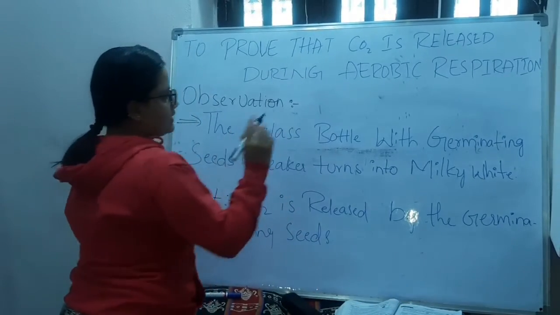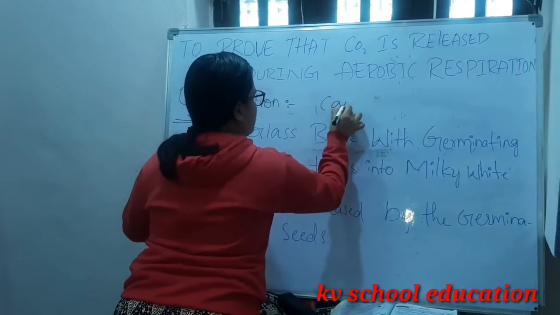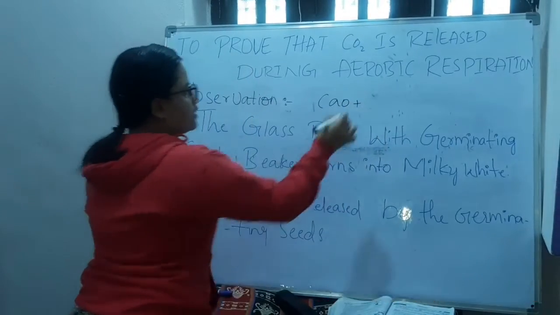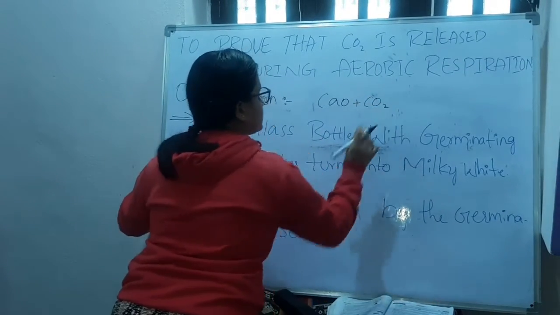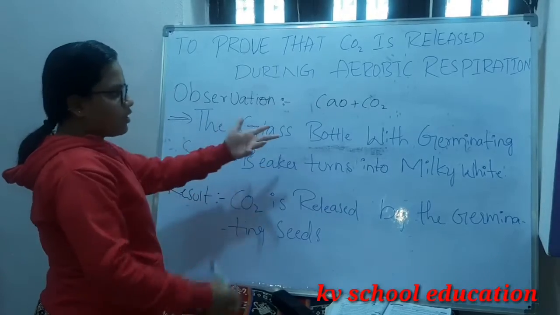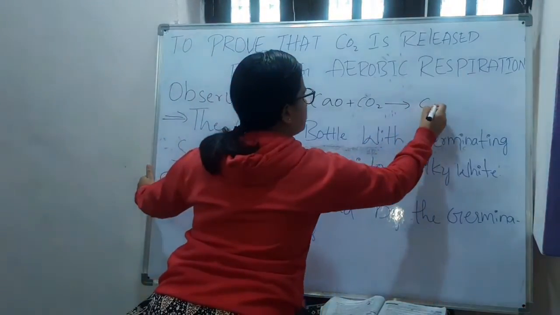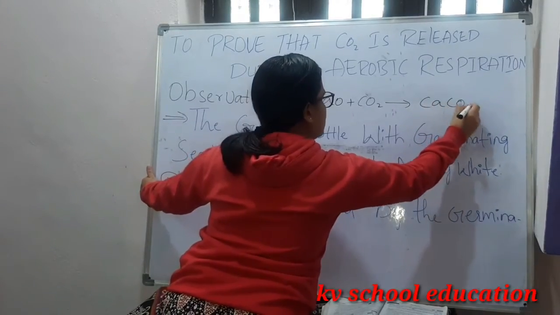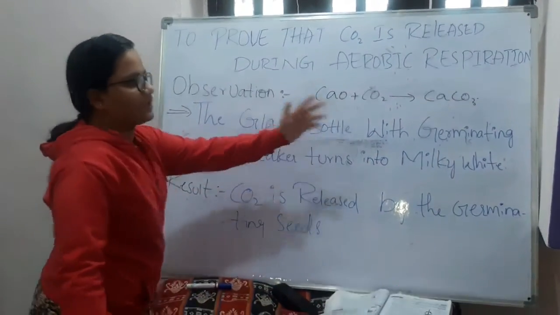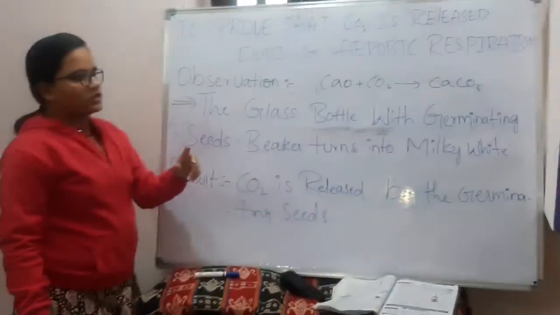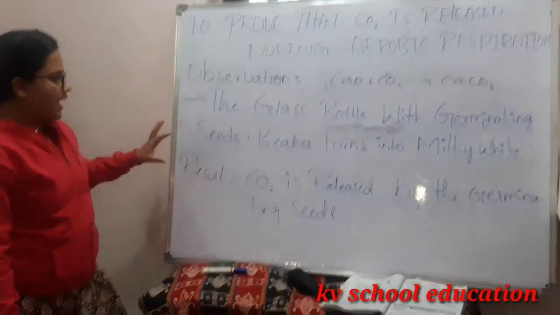The beaker contains the lime solution, CaO. Carbon dioxide is released by the germinating seeds, which gives rise to calcium carbonate, CaCO3. Milky white means calcium carbonate. This is the equation of this observation.